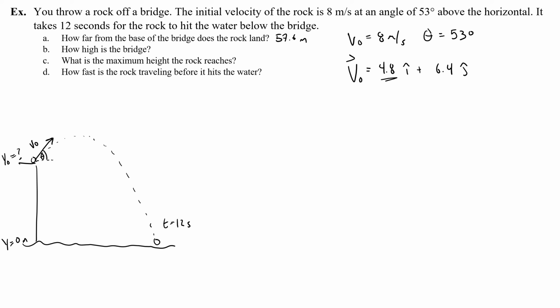So what I would do here is take advantage of the fact that I have y naught, y, t, and vy naught, the initial velocity, and use the height equation that involves all of those variables.